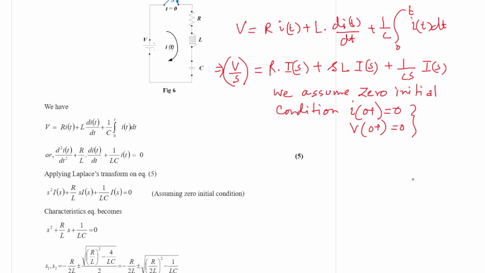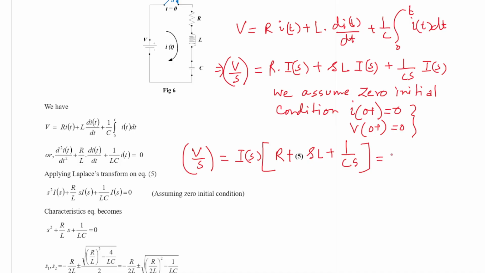From there, if you solve, V by S, taking I(s) common, inside the square bracket it is R plus SL plus 1 by SC.